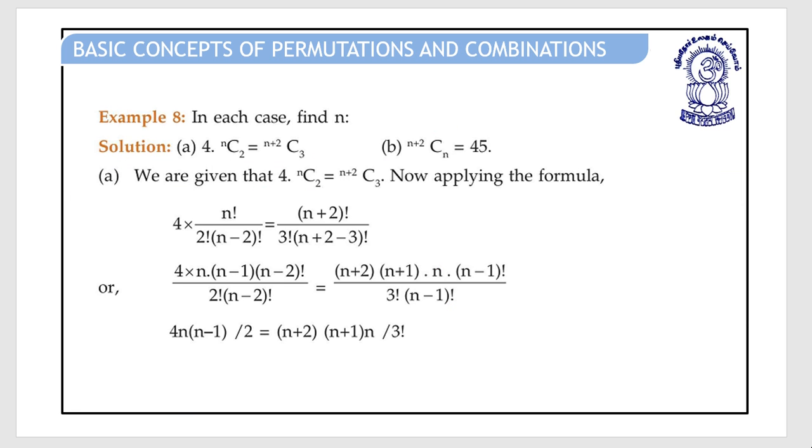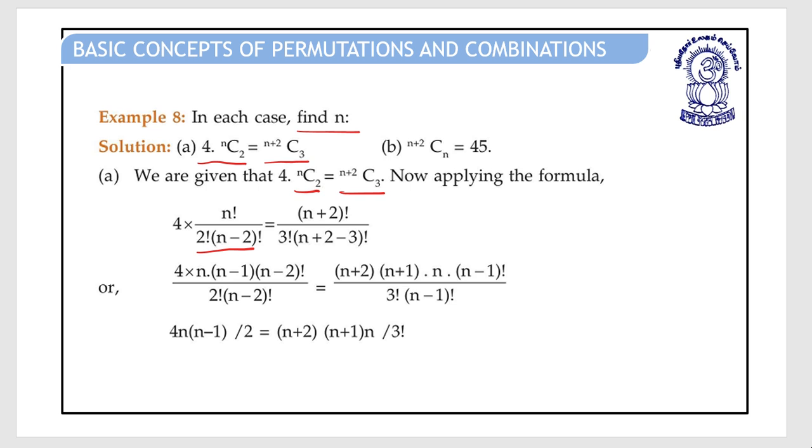Next. Example number 8. In each case, find n. 4 into nC2 is equal to n plus 2 C3 is given. Now, applying the formula, n factorial upon 2 factorial into n minus 2 factorial, and n plus 2 C3, n plus 2 factorial upon 3 factorial, n plus 2 minus 3 factorial.